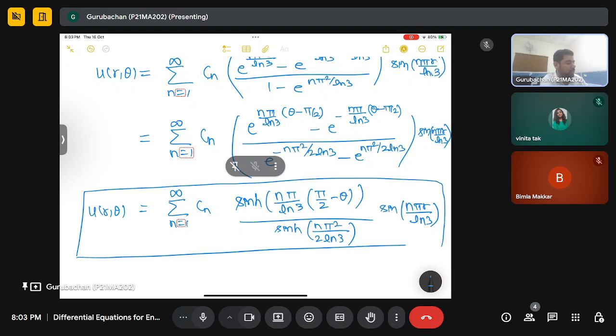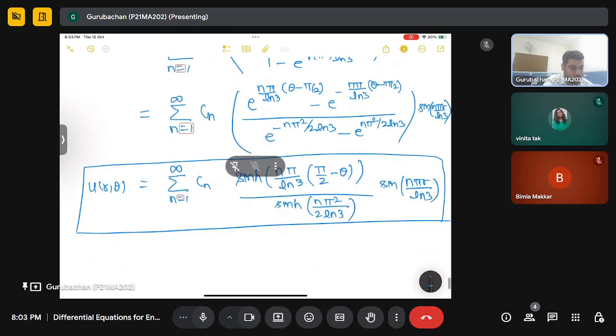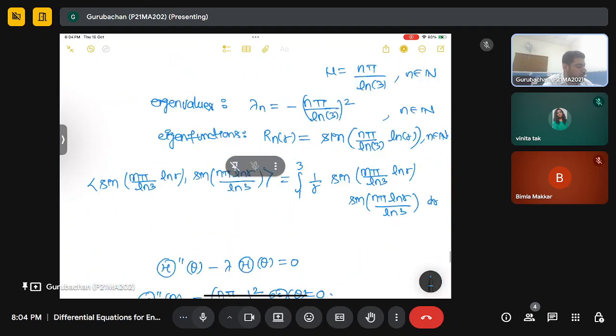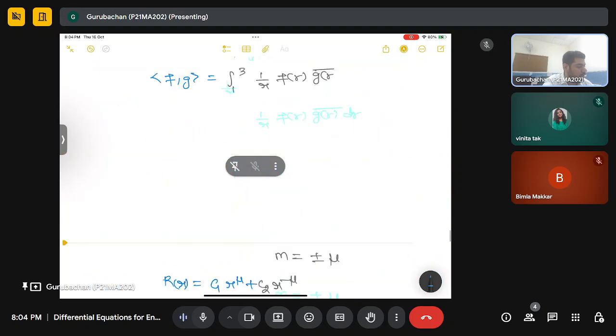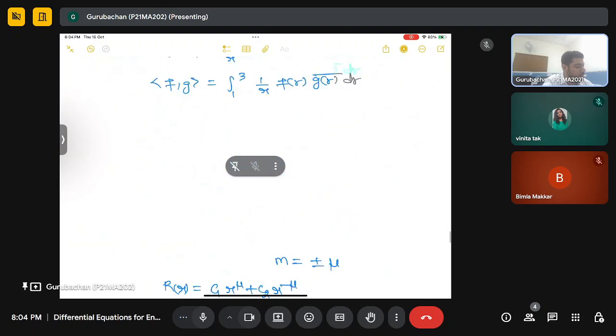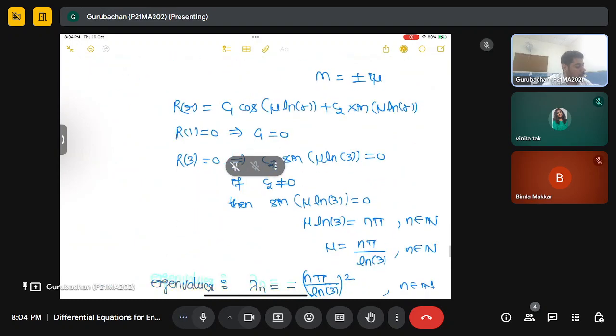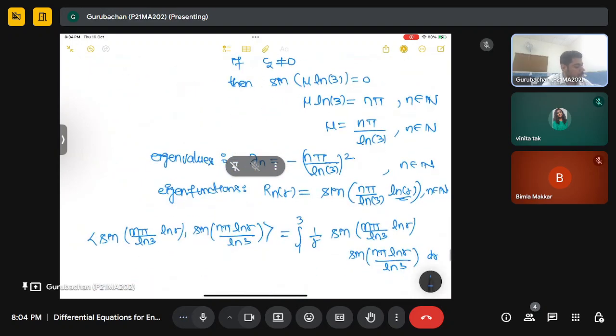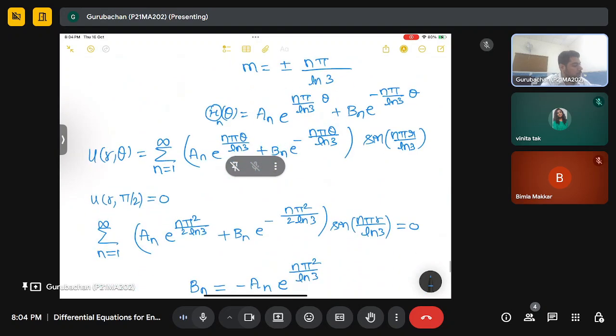Let me first verify it and we conclude it. So b_n, so sin(nπr). From the beginning we made a mistake: this will be ln r. Yes, it will be ln r. I think I wrote r everywhere by mistake.